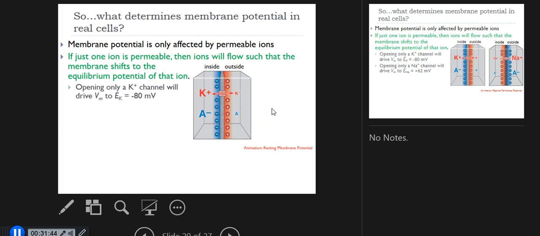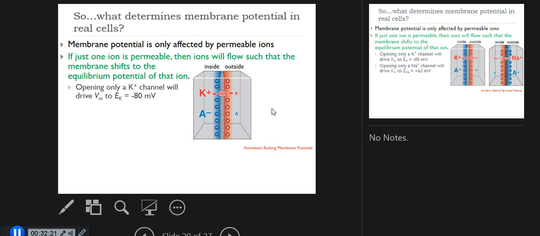If we started with a high concentration of potassium inside, and then we open a channel, potassium ions will flow out, make the outside of the membrane more positive, the inside becomes more negative, and the ions will continue to flow out until the concentration gradient is balanced by this electrical gradient, and that's the equilibrium potential. So by opening a channel for potassium, we can cause the membrane potential of our cell to move to the equilibrium potential of potassium. It'll go to -80, and at that point we'll hit an equilibrium.